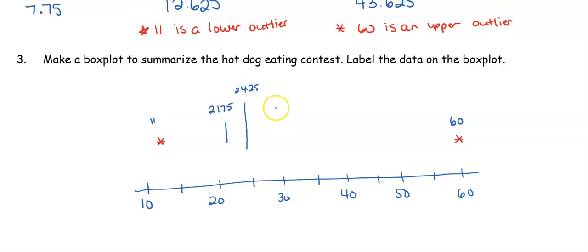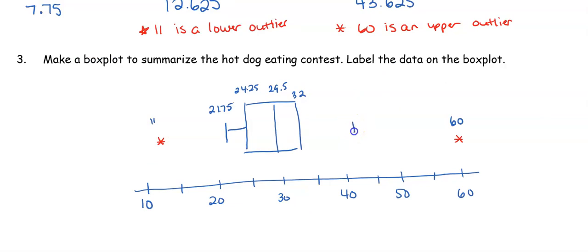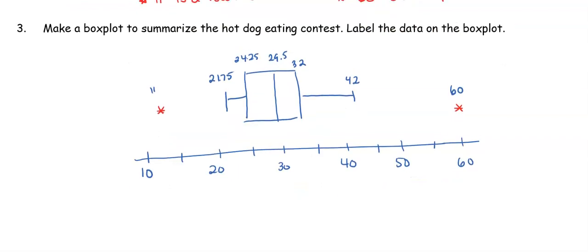We've got our median at 29.5. We've got our Q3 at 32. And our new end of it is going to be at 42. So again, showing our smaller outlier of 11 and our larger outlier of 60.